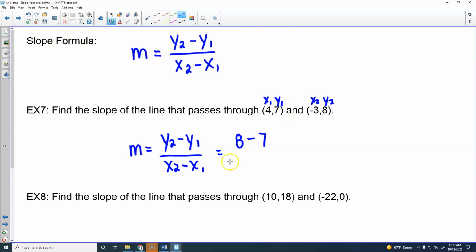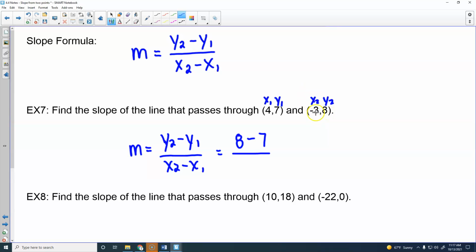Good. So on the top, we'll have 8 minus 7. On the bottom, Caroline, what is our x2? So it's really important here. We can't do 4 first because we put our y2 first, right? Our 8 came first.